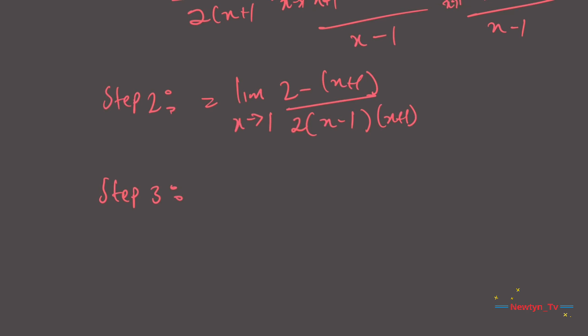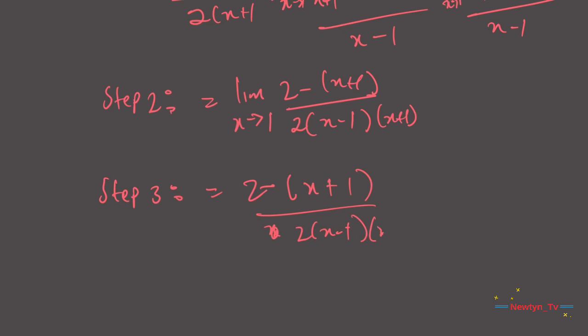If we simplify the numerator, we should get minus into bracket x plus 1, so which is 2 there. And then we will have 2 multiplying x minus 1.